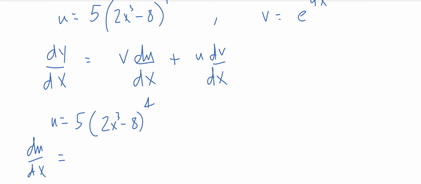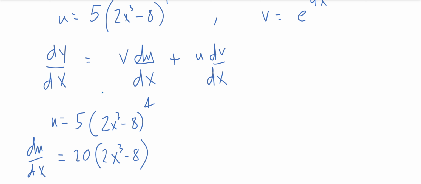So du by dx equals ab, 5 times 4, 20, multiplied by the function inside the brackets, unchanged, to the power of this power minus 1.